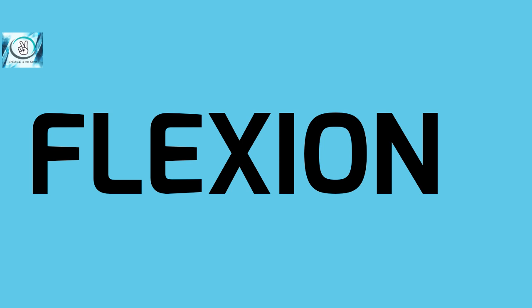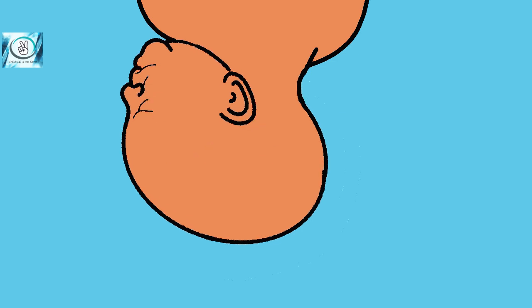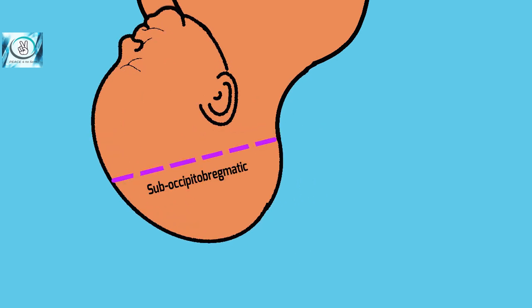The second cardinal movement in labor is flexion. As the fetus is descending and with contractions, it meets resistance against the pelvic floor muscles, causing the chin to be tucked, touching the chest.